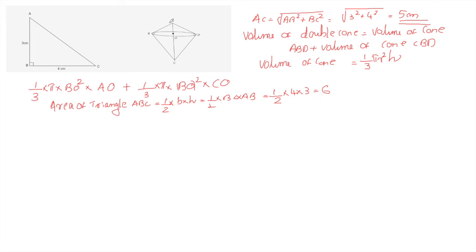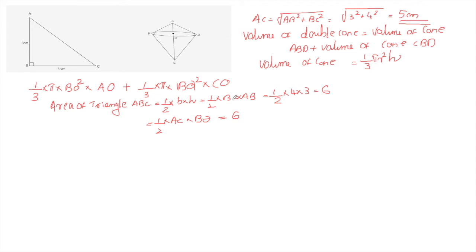When we consider the area of the triangle ABC, we can take the other formula. We can consider AC as the base and BO as the altitude. So again we can rewrite the area of the triangle as half into AC into BO, and that area also will be equal to 6.